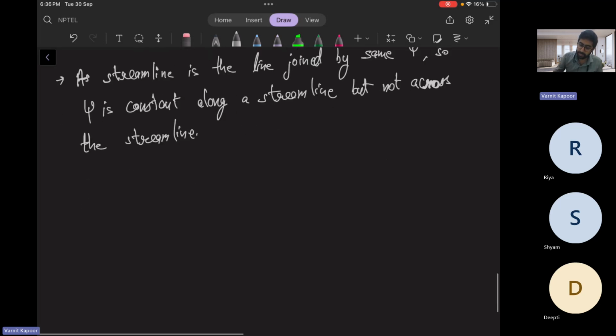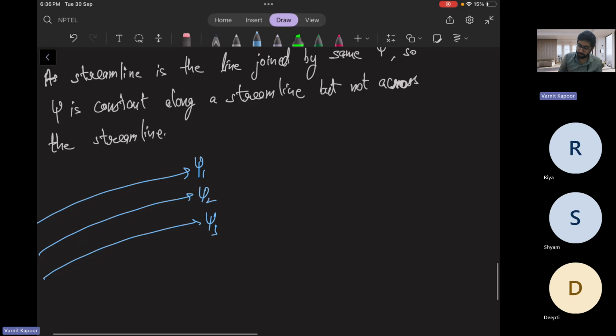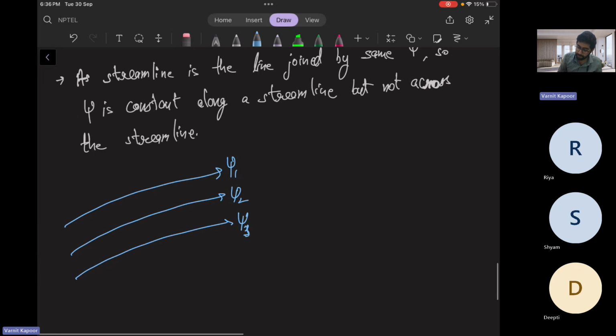So that means if I have a set of streamlines, so this is psi 1, this is psi 2, psi 3. For a particular streamline, psi is constant, but for a different streamline, psi is not constant. So here, every point is psi 1. This point is psi 1, this point is psi 1.